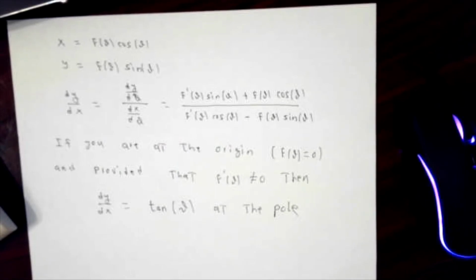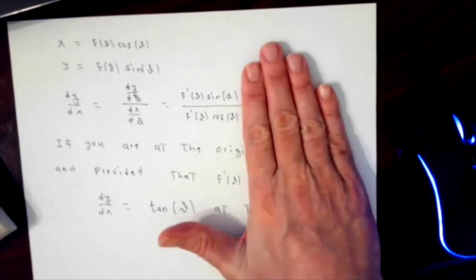If you happen to have a point on the graph and the point is the origin, that means that r would be 0. That means f of theta would be 0 for that particular theta value. And these last two terms on the top and bottom go away.